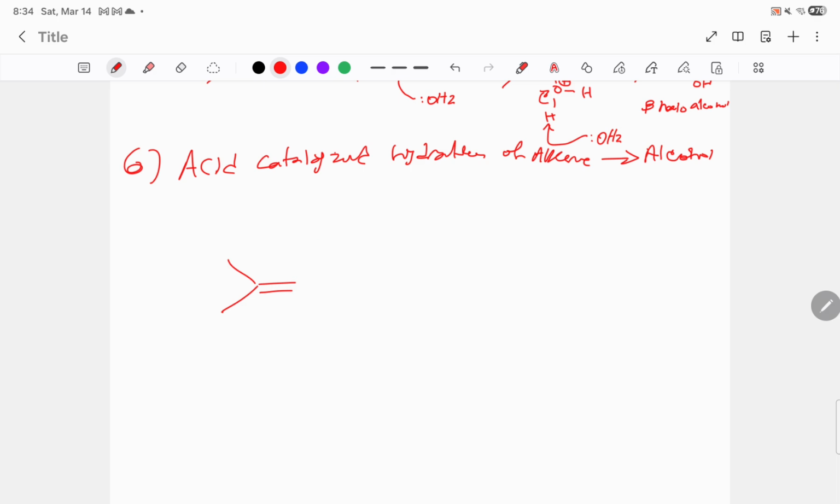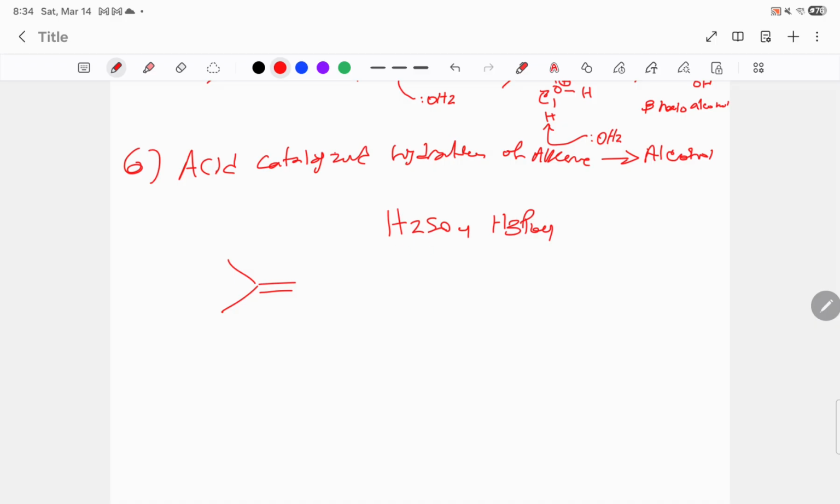So let's take a brief look at this. It is acid catalyzed, okay? So it's acid catalyzed, meaning that I should have some kind of either HCl or H2SO4. Generally, this is done with H2SO4, or you can do it with H3PO4.